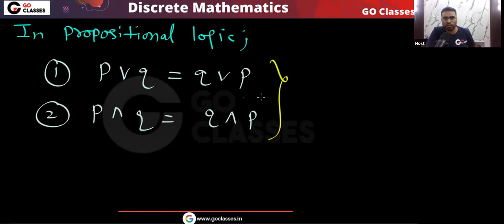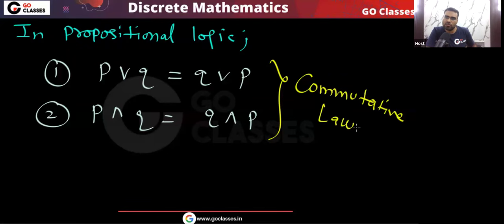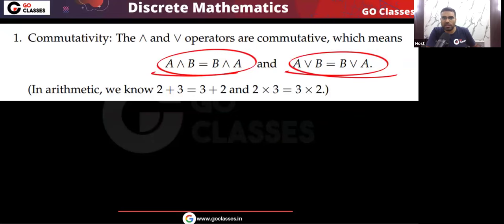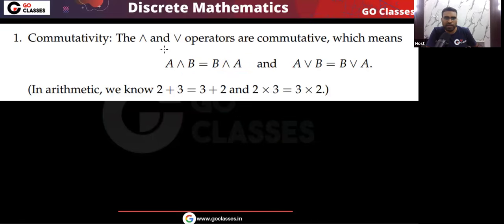These are called commutative laws. A and B equals B and A, A or B equals B or A.